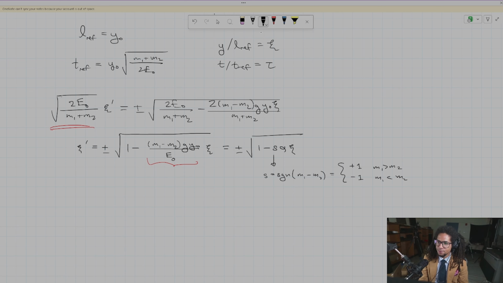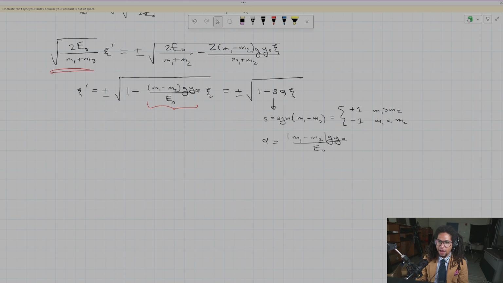Then alpha is going to be equal to my m1 minus m2 absolute value, g y naught over e naught. Great.